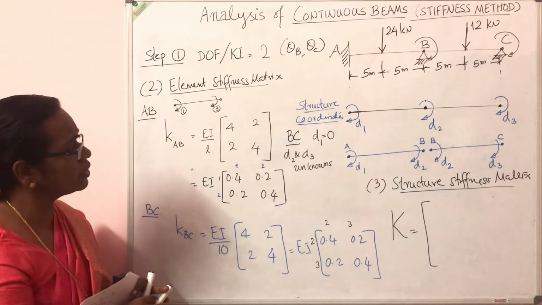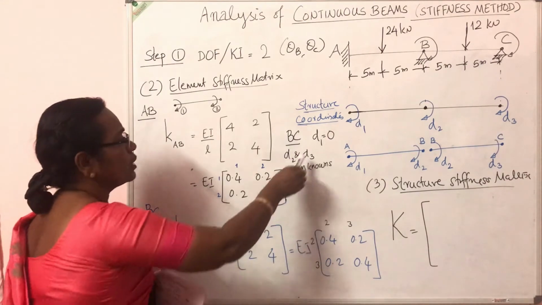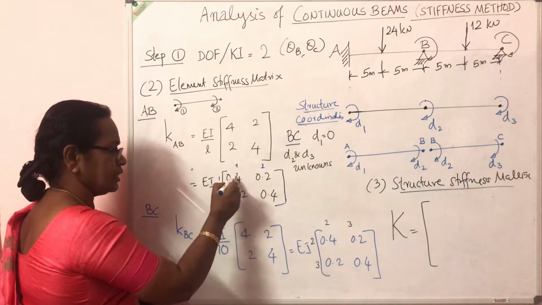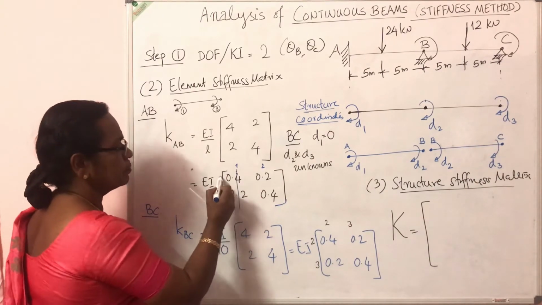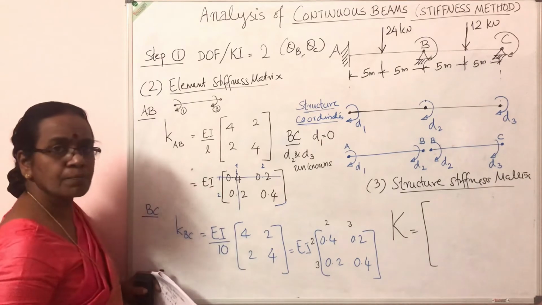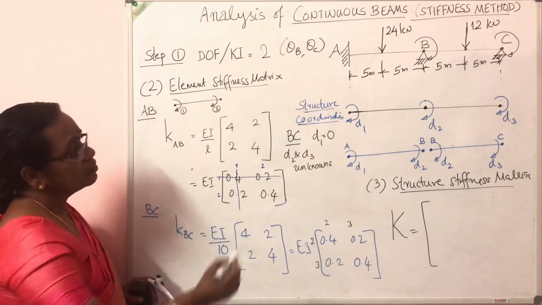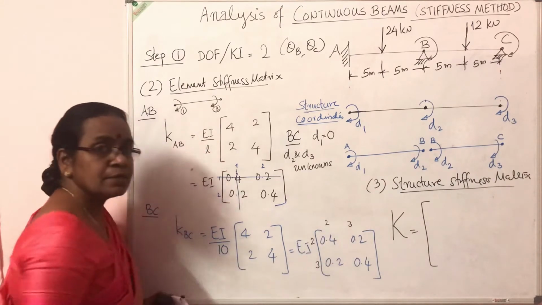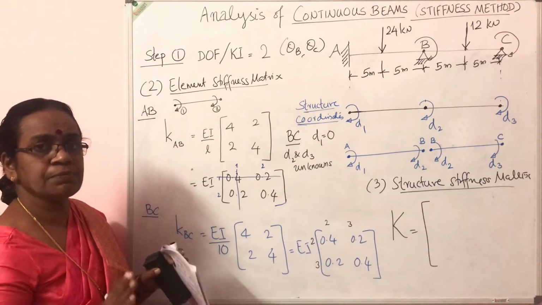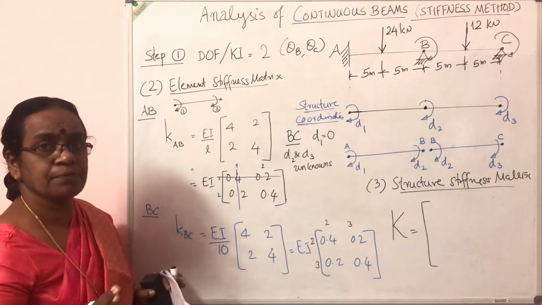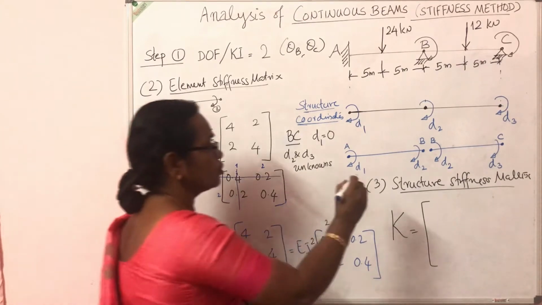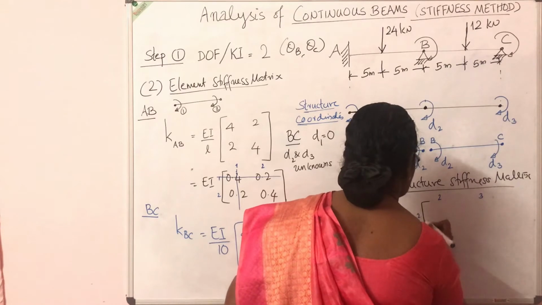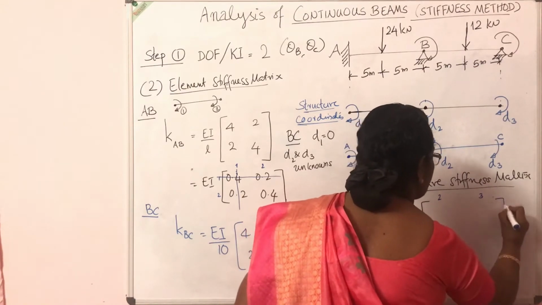So let us see what the boundary conditions are. For the first element, the boundary condition is D1 equals 0, so from the first element we delete the first column and first row. D2 and D3 are unknown, so there is nothing to delete in the second element. So the stiffness matrix will be a 2 by 2 matrix and it should bear the coordinates 2, 3, 2, 3.